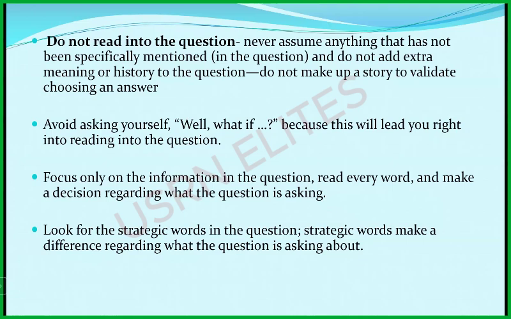Reading into the question. We are saying you shouldn't assume anything that has not been specifically mentioned in the question. So sometimes, especially for prioritization questions, they can give you, let's say, someone who is asthmatic and someone who is having chest pain.